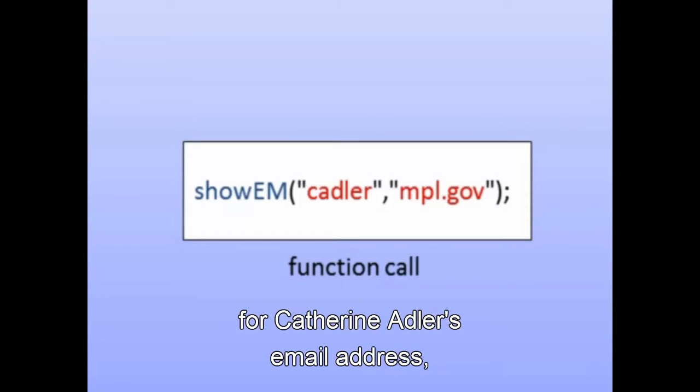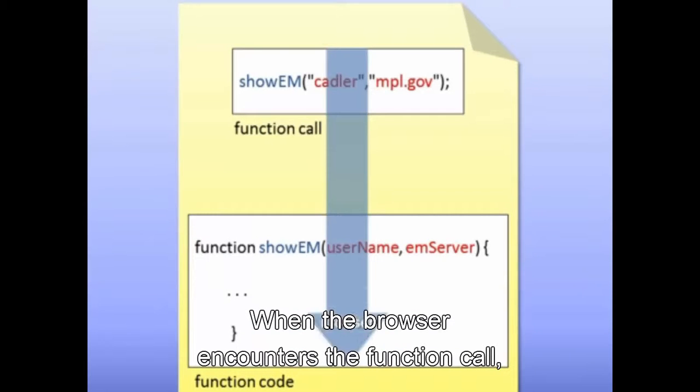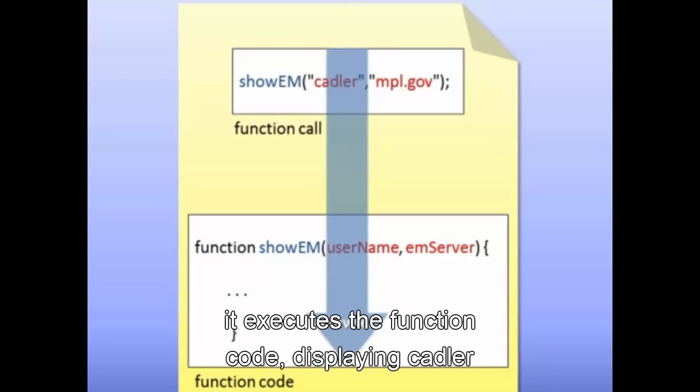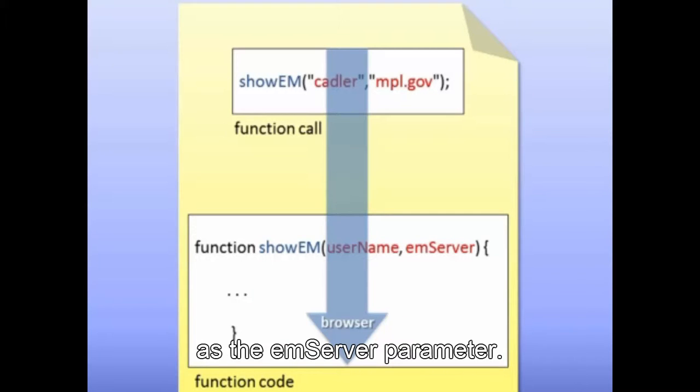To call the showEm function to display the hypertext link for Catherine Adler's email address, you use the statement shown here. When the browser encounters the function call, it executes the function code, displaying cadler as the username parameter and mpl.gov as the EMserver parameter.